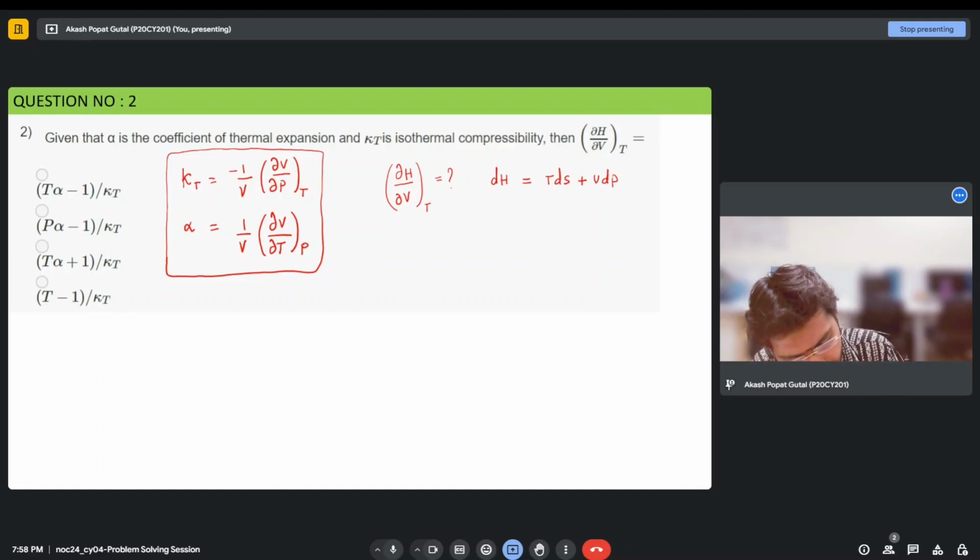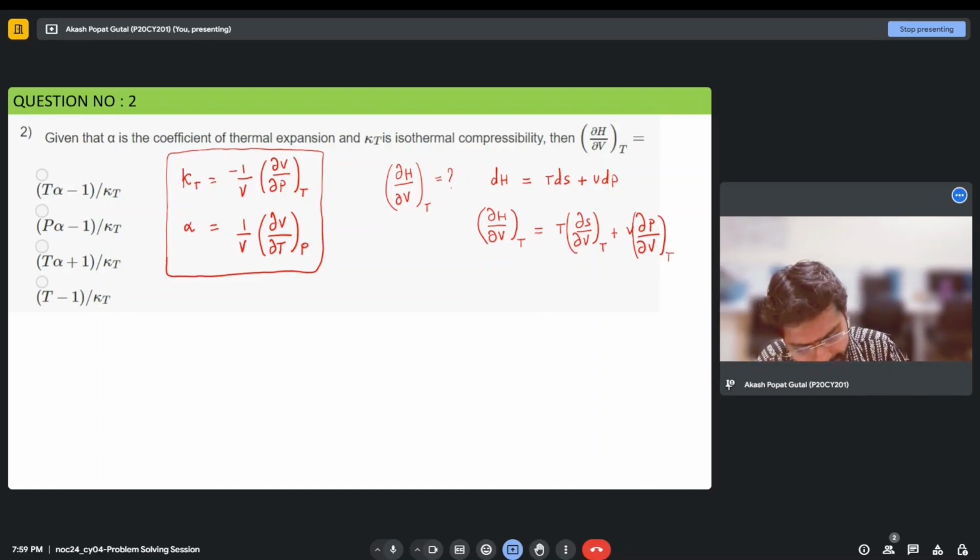And we differentiate with respect to volume at constant temperature T, which would be del H by del V at constant temperature T equals T del S by del V plus V del P by del V at constant temperature T.